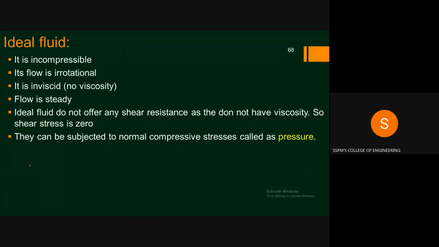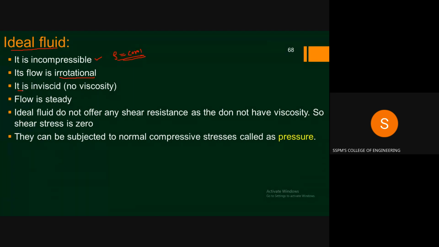So what are the properties of the ideal fluid? An ideal fluid is incompressible, so we cannot compress the fluid. As it is incompressible, the density remains constant, so there is no change in the density. The flow is irrotational. There is no rotational effect in the flow.